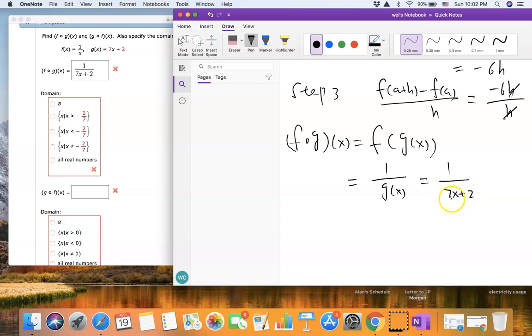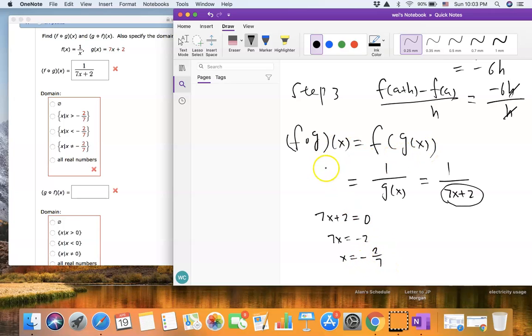So which number will make this expression be 0? To answer this question, we just need to solve this equation. Which number will make 7x plus 2 be 0? The number is -2 over 7.